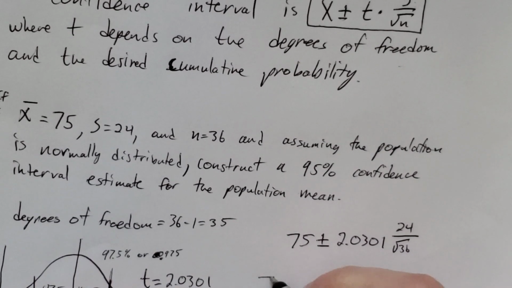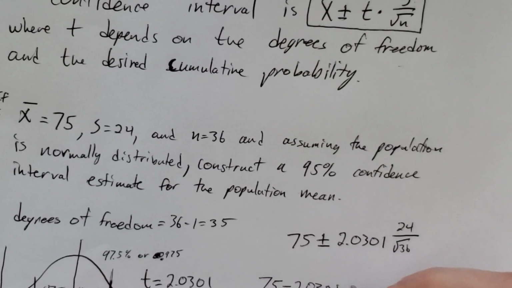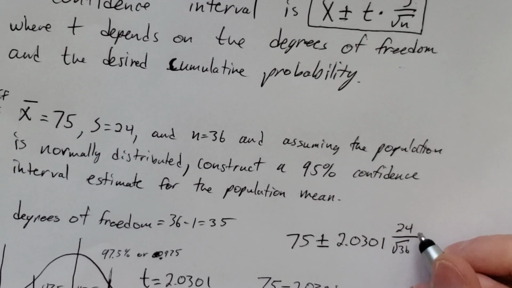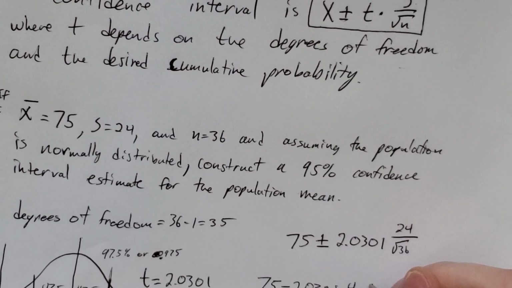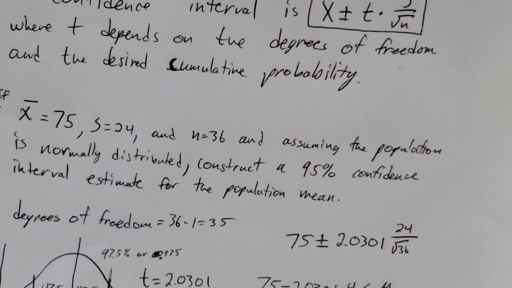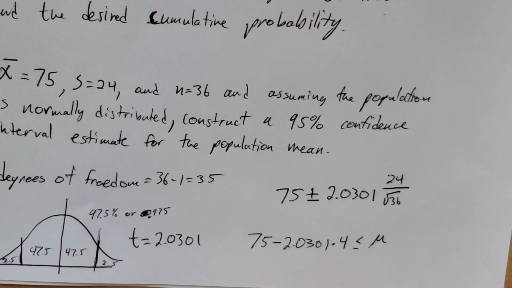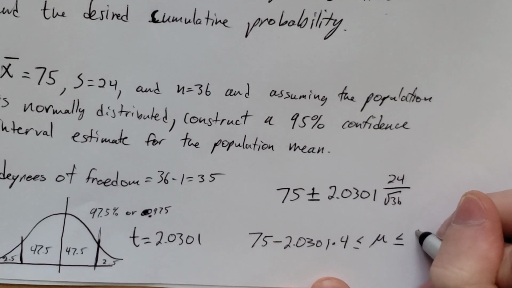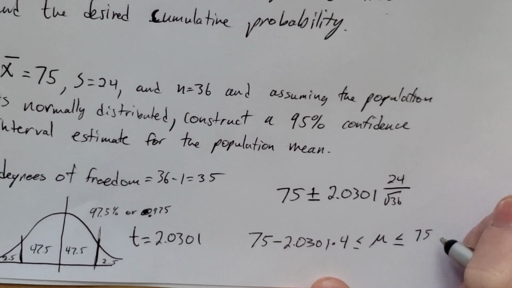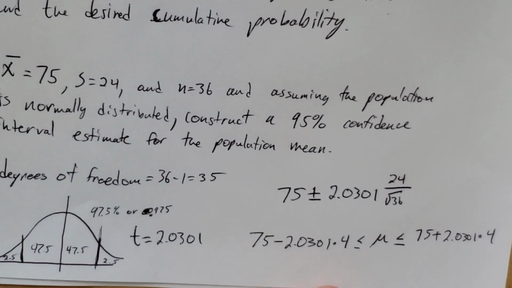In other words, our interval is 75 minus 2.0301 times 24 over the square root of 36, which is 24 over 6, so times 4, is less than or equal to our population mean, since we're trying to estimate the population mean, and that is less than or equal to 75 plus 2.0301 times 4.